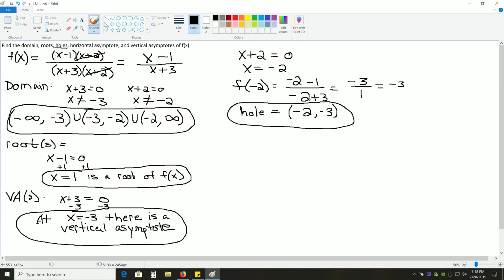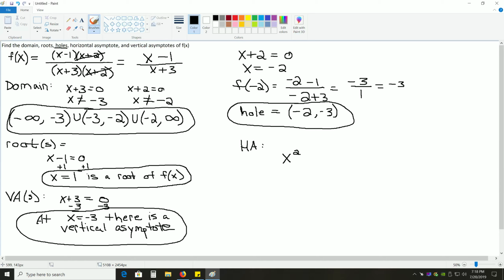So if we were to multiply out x minus 1 times x plus 2 and x plus 3 times x plus 2 before we simplified anything, the leading term of each polynomial, so the leading term of the numerator, would be x squared. So I'm going to write this over here. Horizontal asymptote. The leading term of the top would be x squared if you multiplied out this entire polynomial.